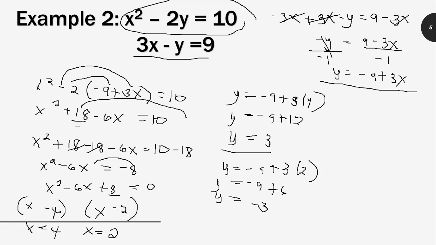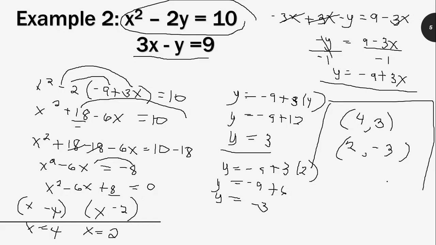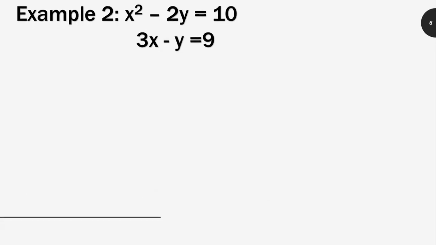So our solution would be x is 4 and y is 3, and x is 2 and y is negative 3. So that's our solution in example number 2 using the substitution method.